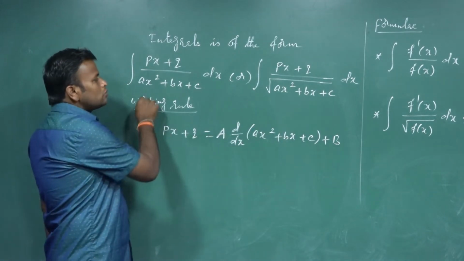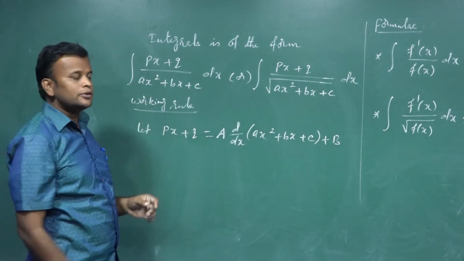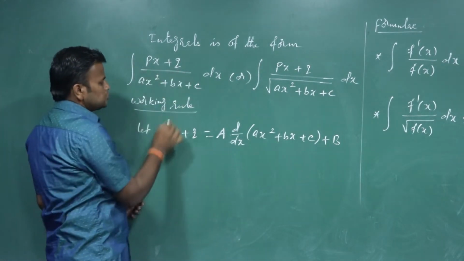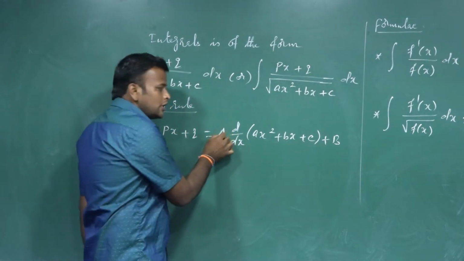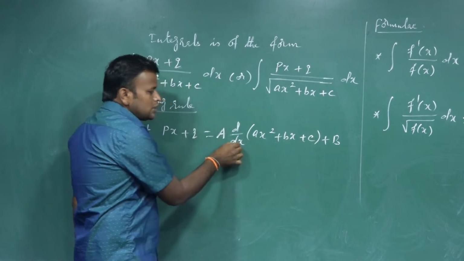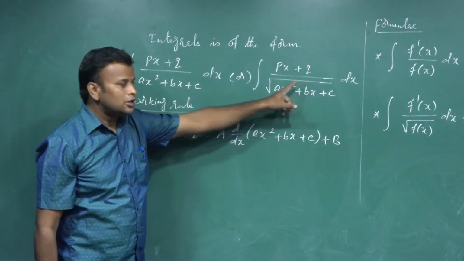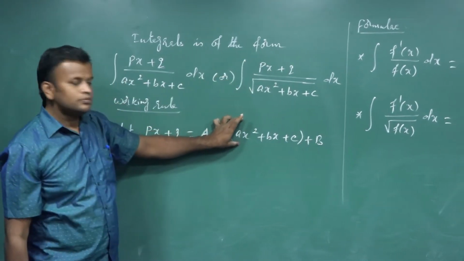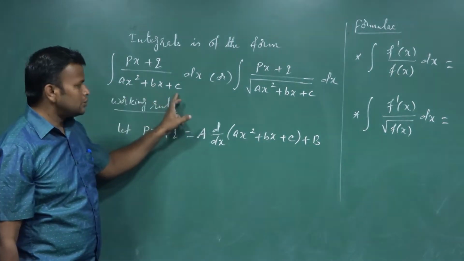Then, the working rule to find the integration is, first of all, directly there is no formula. You write the numerator px plus q is equal to a d by dx of the denominator, plus b, where we add the two constants a and b. It may be the square root also. Without square root, we write the term; in both forms, a d by dx of the denominator.